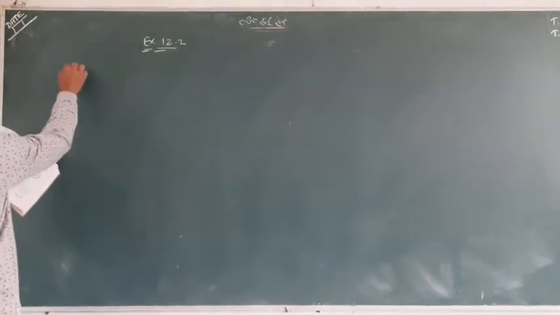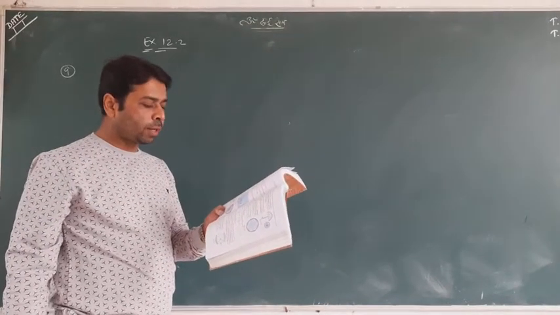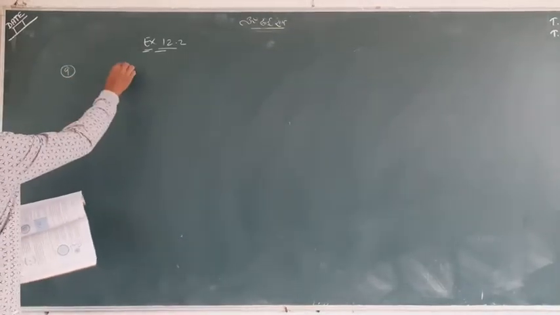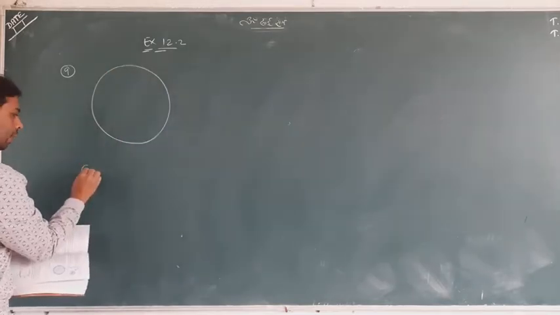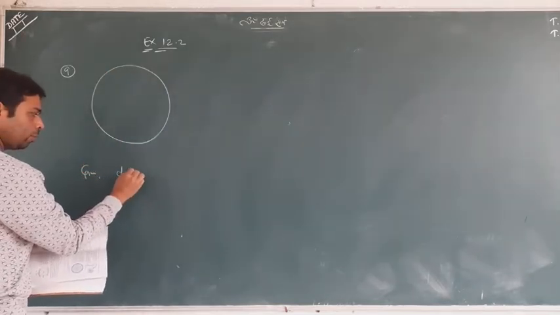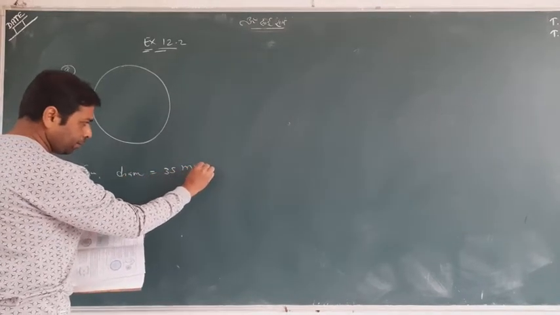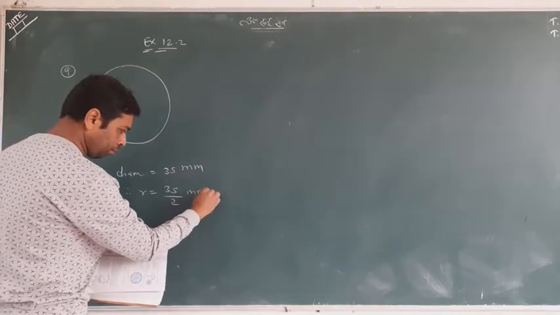Question number 9: a brooch is made with a silver wire in the form of a circle with diameter 35 mm. Can you see? This is the brooch. We're given that the diameter of the brooch is 35 mm, so the radius is 35 by 2 mm.